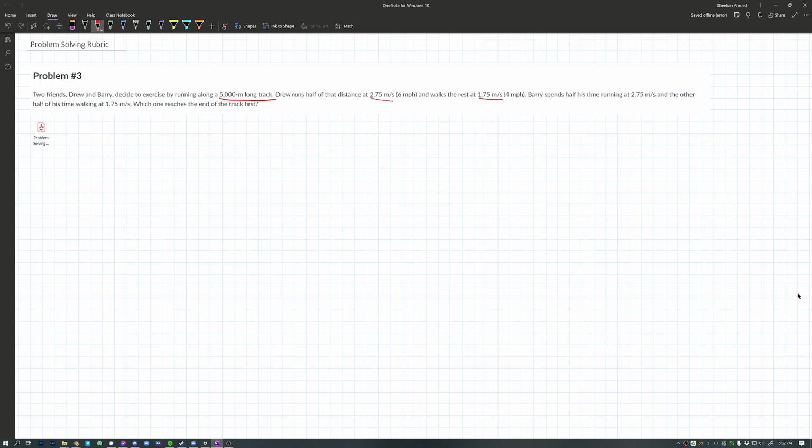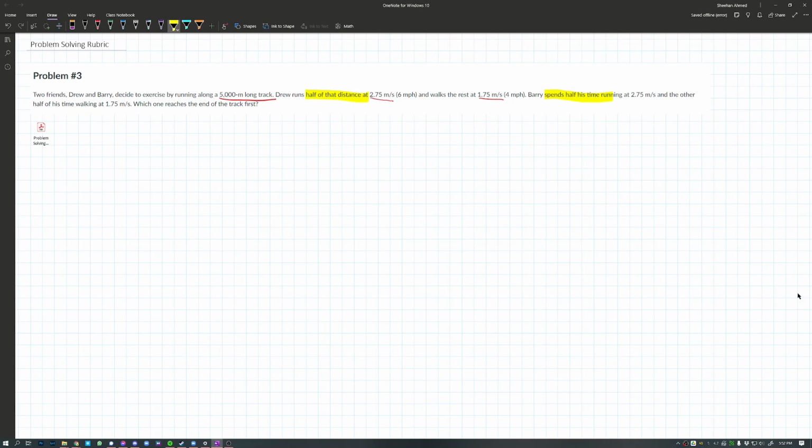Drew runs half of the distance at the fast speed and the other half at the slow speed. Barry runs half of his time at the faster speed and half of his time at the slower speed. It might seem like they're doing the same thing at first glance, but they are not.